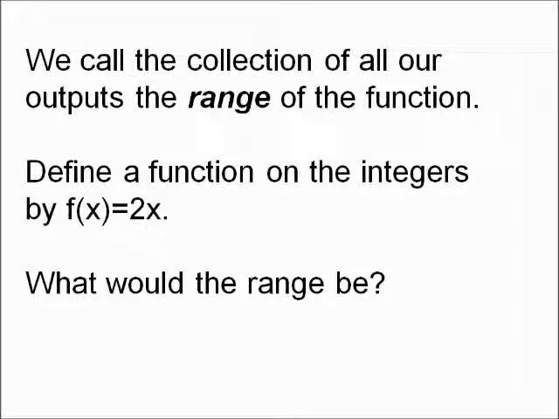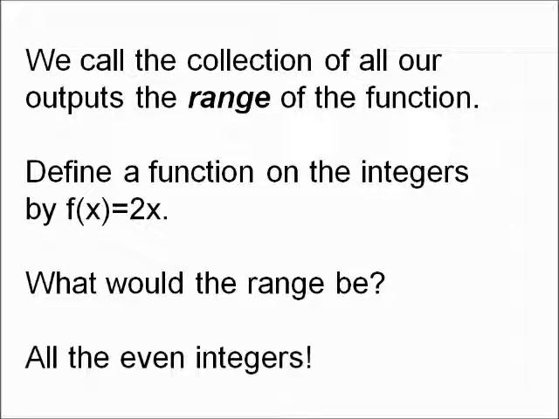If I plug 3 in, what does my function spit out? 6. So 0, 2, 4, 6. Hopefully you can picture what this function is doing. When you multiply every integer by 2, the function is going to spit out all the even integers. So the range of this function would be all the even integers.